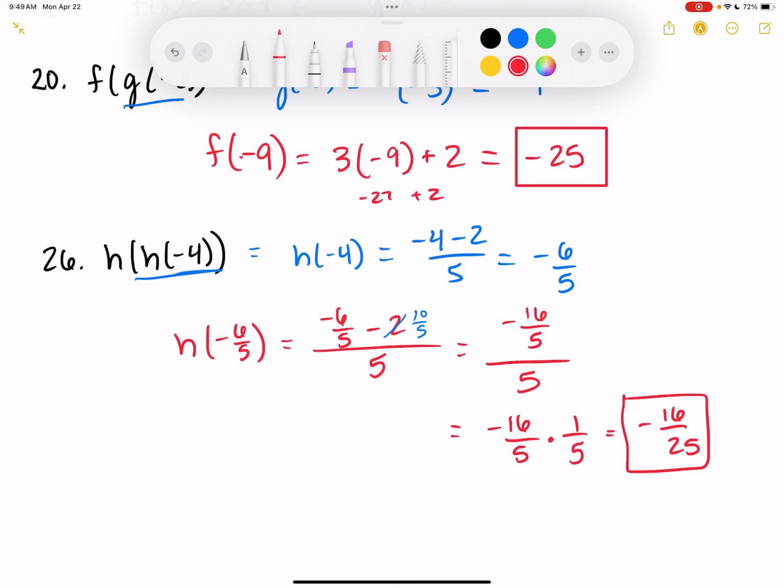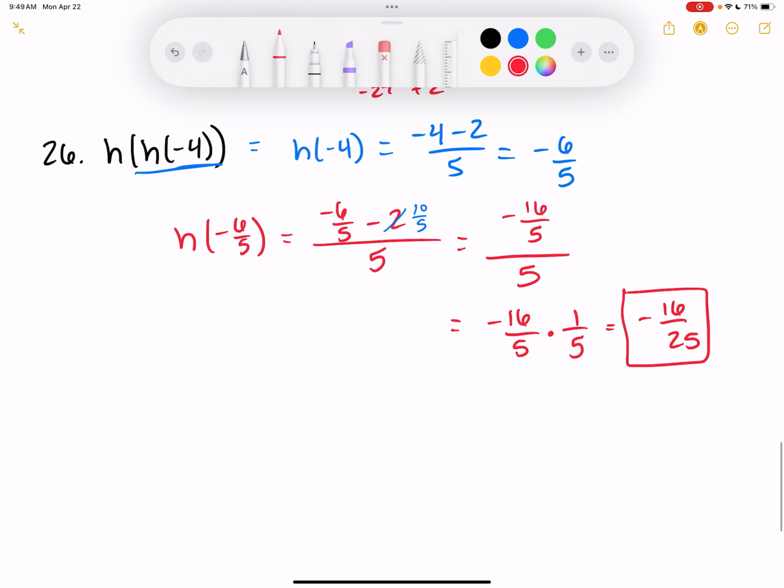So you can probably tell the ones where you're plugging in a number first, pretty simple. Let's look at a couple where there's no number to plug in, so we've just got to keep it as like a function into a function. So they give us new f, g, and h values. So we've got f of x is now equal to 3x to the negative 1.